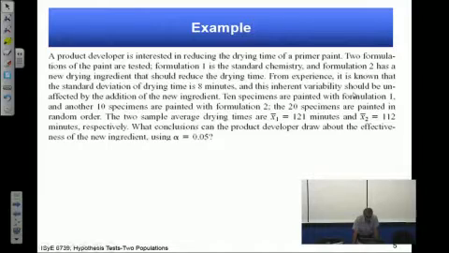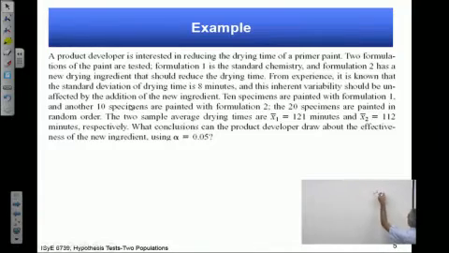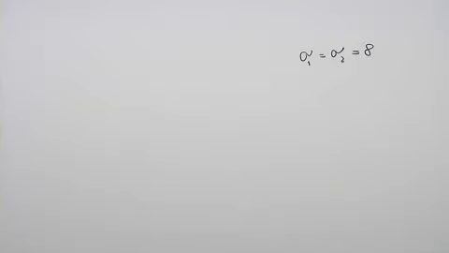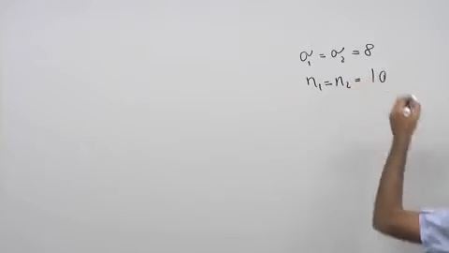This inherent variability should be unaffected by the addition of the new ingredient. So what does it mean? It means sigma 1 squared and sigma 2 squared, both of them are the same. And actually sigma 1, because it says a standard deviation, are the same, and it's equal to 8. Okay? And N1 is equal to N2 is equal to 10.